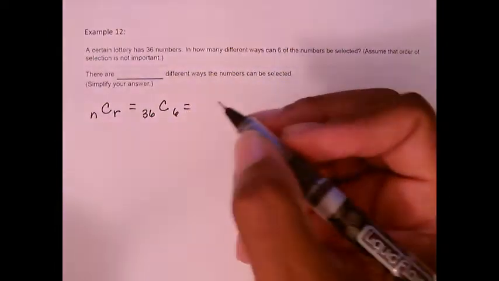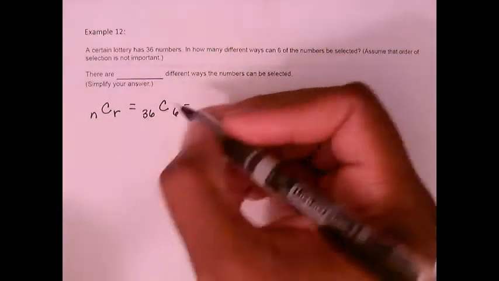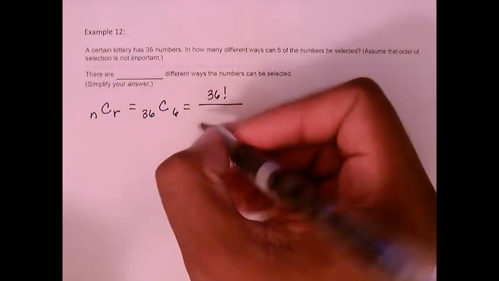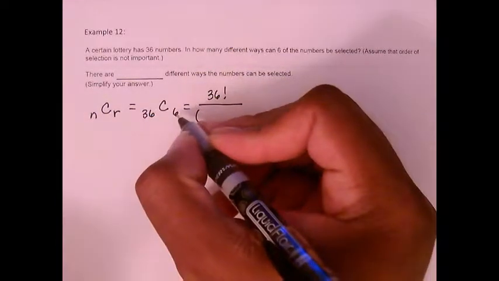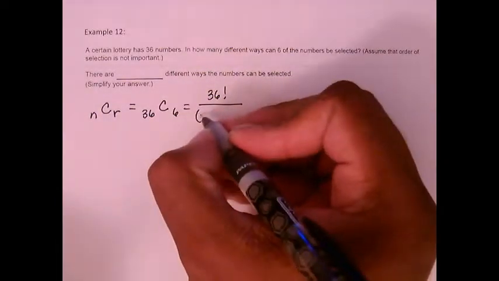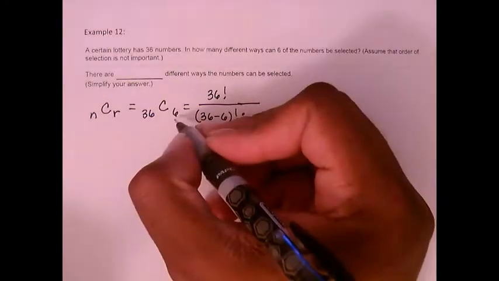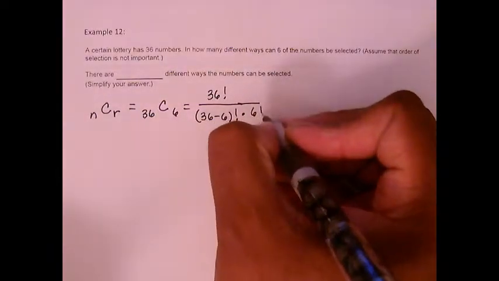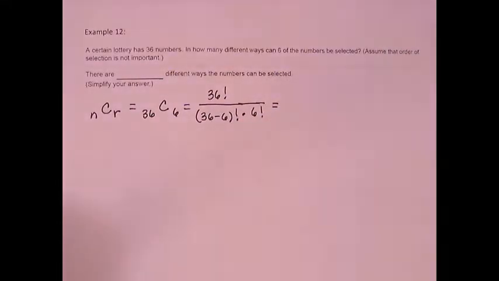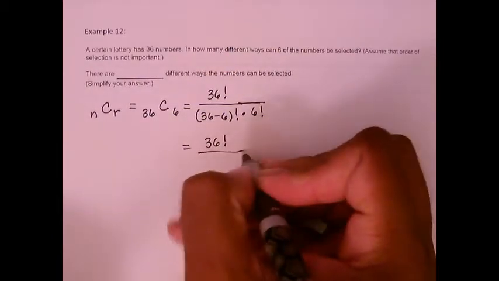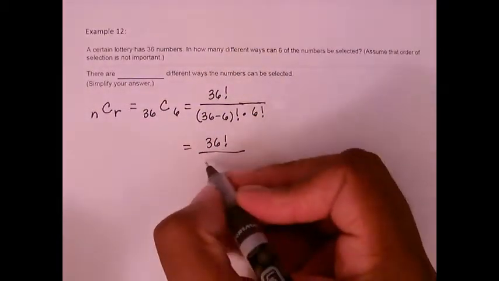Okay? So now, using the combinations formula that I showed you, n factorial, that's going to be the 36, since n is 36, so 36 factorial divided by n minus r, that'd be 36 minus 6 factorial. That's going to be multiplied by the r, which is 6, so it'll be 6 factorial. Now let's go ahead and simplify this. Bring over the 36 factorial, subtract 6 from 36, you're going to get 30.